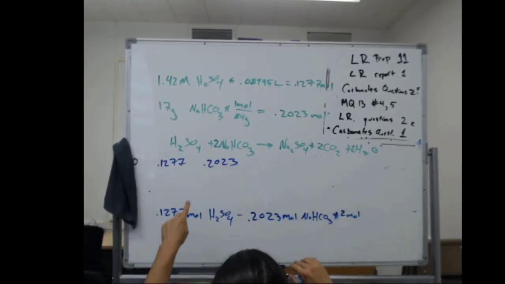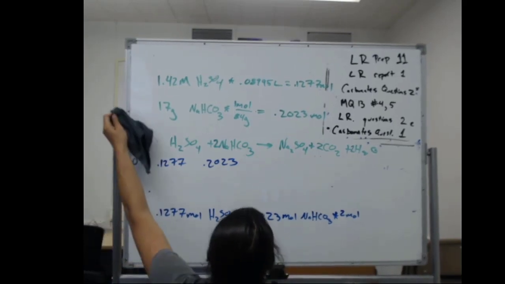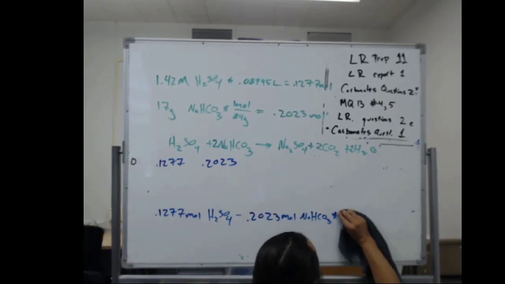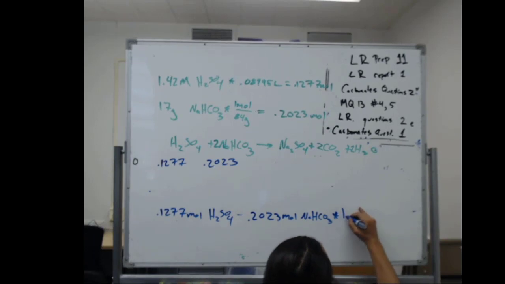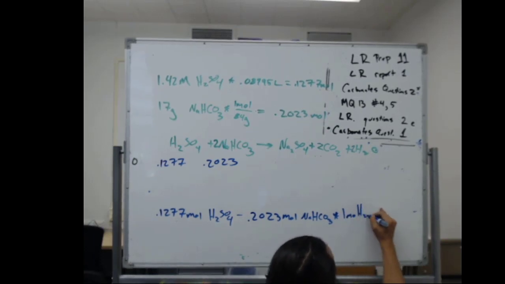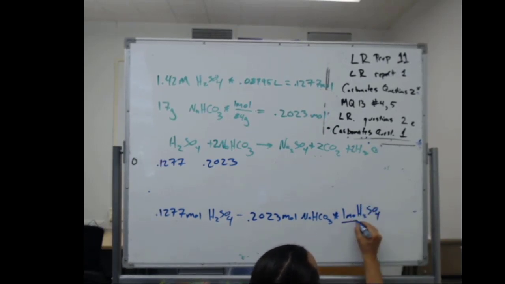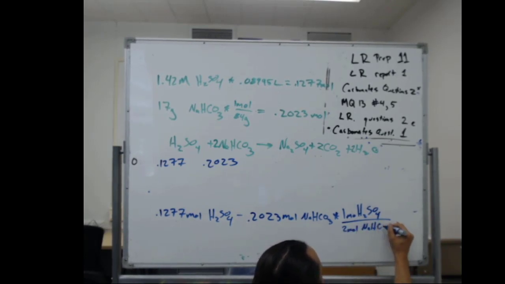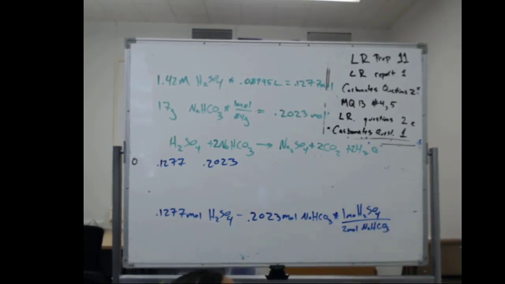Wait, let me get my mole ratio right here. I'm going to mess it up. No, I was right the first time. 1 mole H2SO4 for every 2 moles NaHCO3.